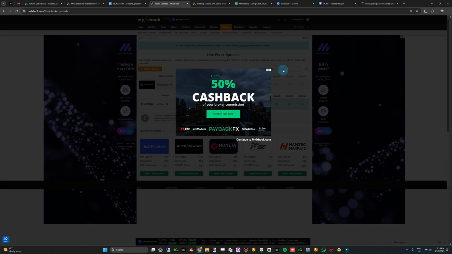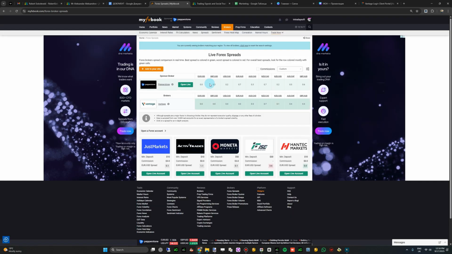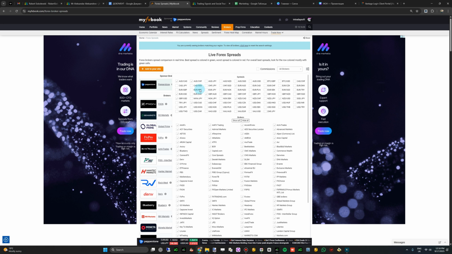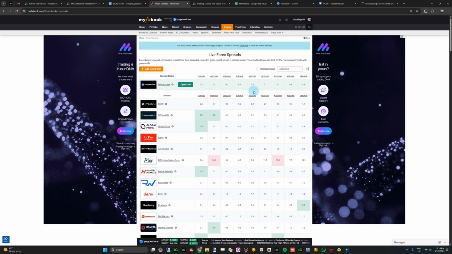So in this section, we can select all brokers. And then you'll want to compare the spread size for each individual asset. Now, it's probably not necessary for every single one, since there are a huge number of assets to choose from, but that detail isn't crucial.